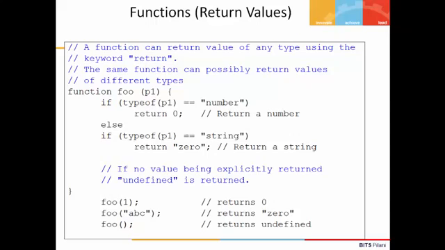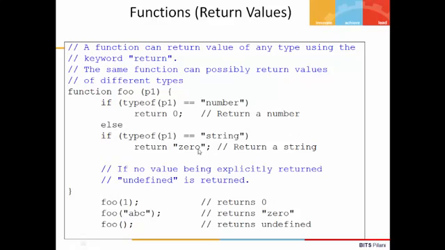As you can see over here, it is also making use of a control structure in the form of an if else control structure. So you have if typeof p1 is equal to number. Okay, if it matches the string number, then it returns a 0. If not, it is going to return a string 0.